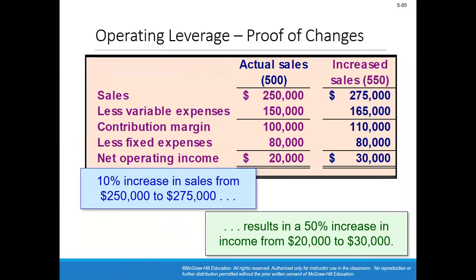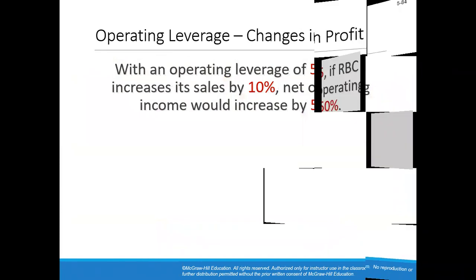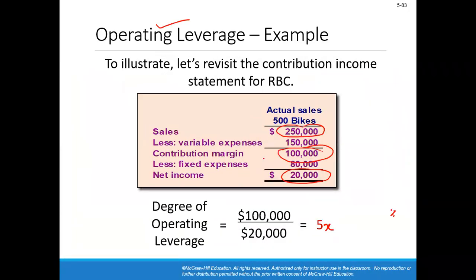The caveat here is that you see, this 5 will remain 5 as long as I have not changed my contribution margin, or I have not changed the relation between contribution margin and the net operating income.